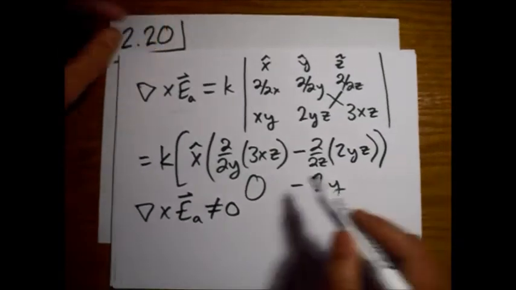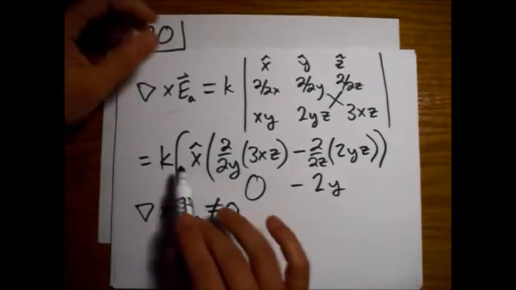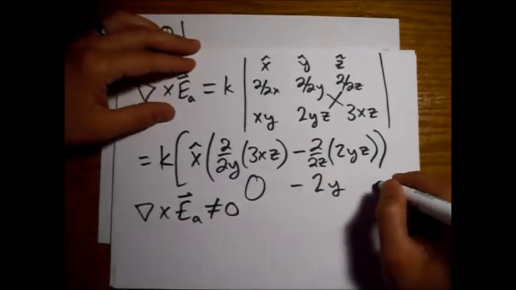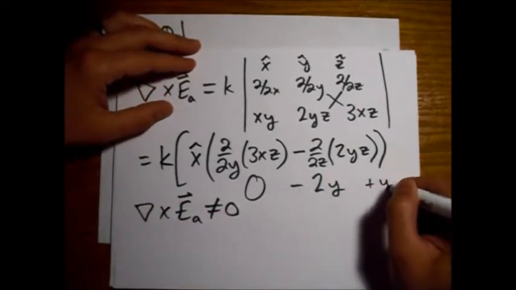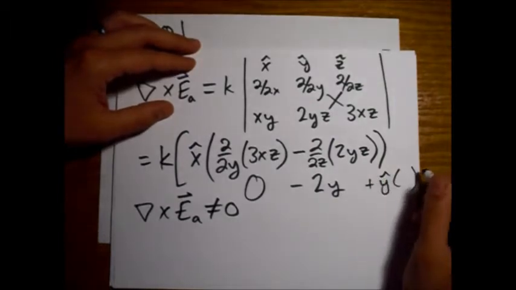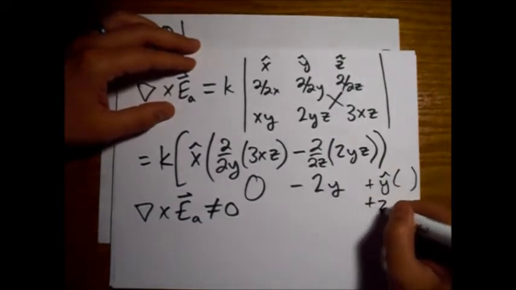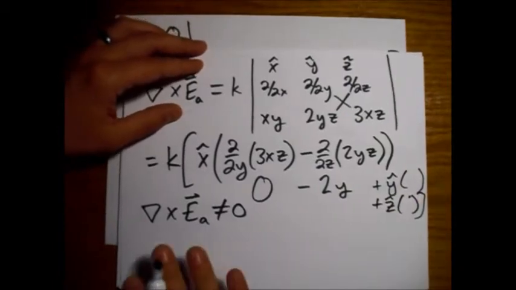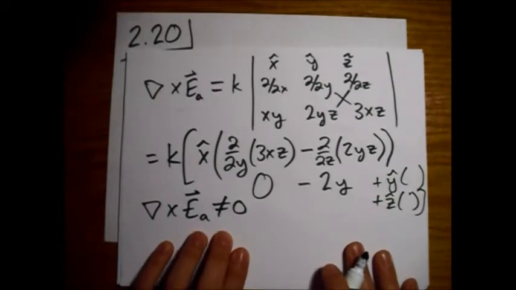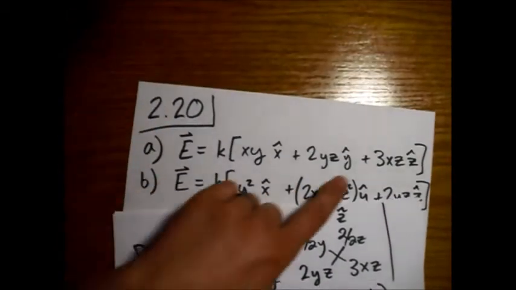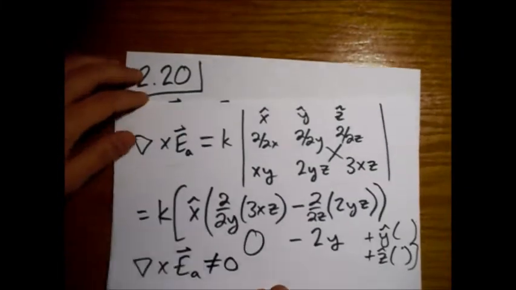Okay, and just remember we didn't finish actually taking this curl, so plus y hat of something, well, there's a minus sign in there, whatever, z hat of something, whatever, we didn't have to finish. We know this one is the impossible electrostatic field. Alright, so A is the bad one.